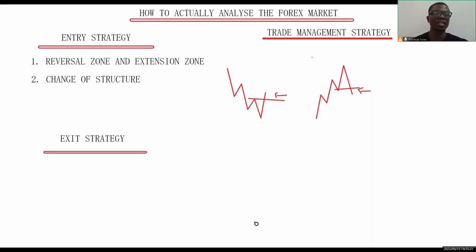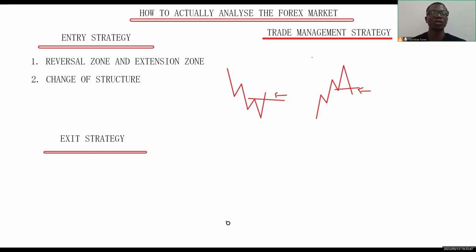the strongest entry confirmation that anybody can use, because the market moves in structures. And if the market moves in structures, this would mean that a change of structure will let you know that this particular bullish structure is done and the bears are in, or this particular bearish structure is done and the bulls are in.